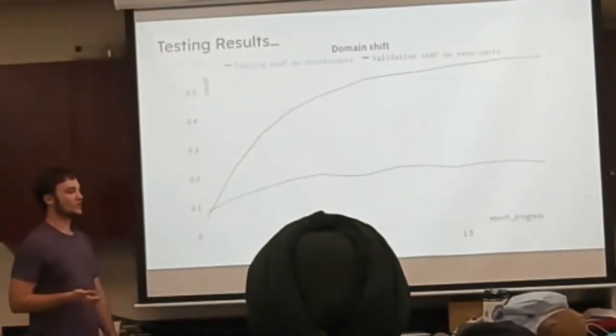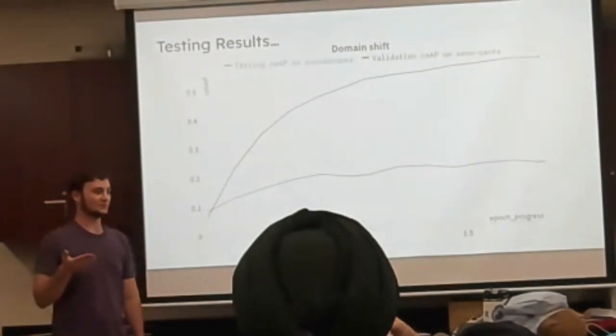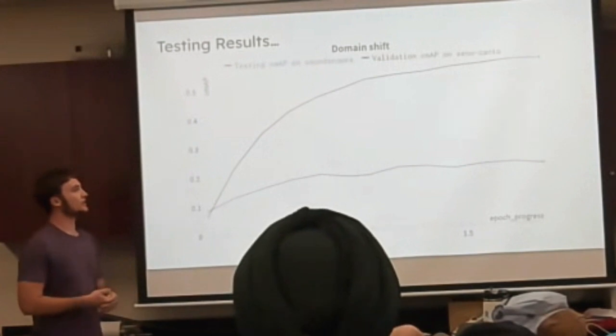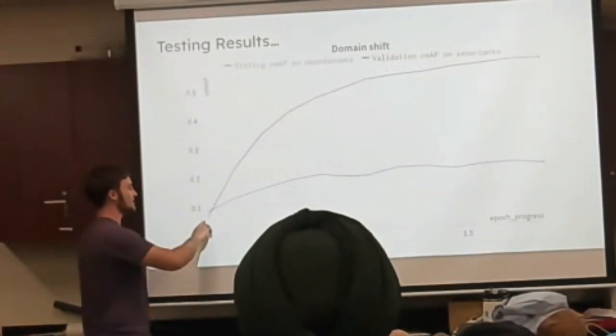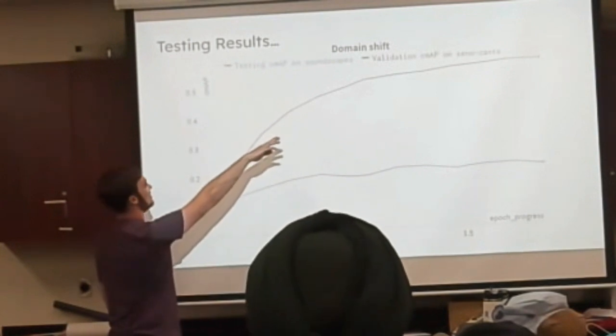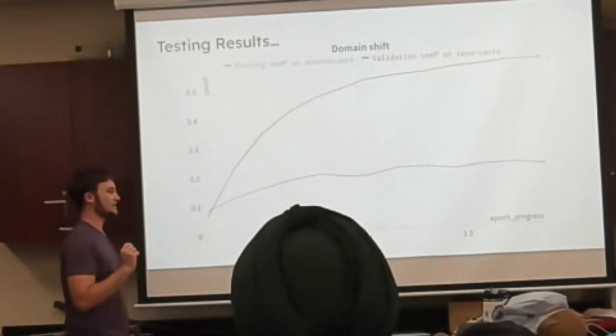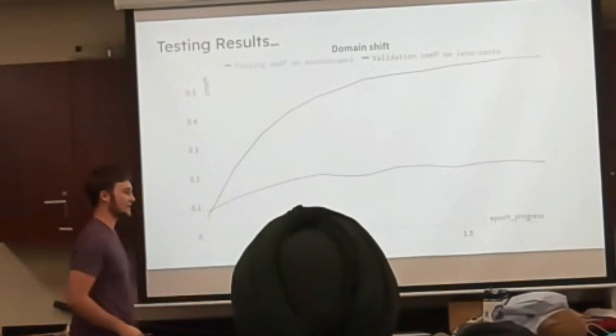However, that doesn't mean it's performing as well on the use case we actually designed it for. So here's a graph of training accuracy as we train the model, and you can see it's leveling off at about 0.6. But here, our testing accuracy is leveling off at about 0.2.